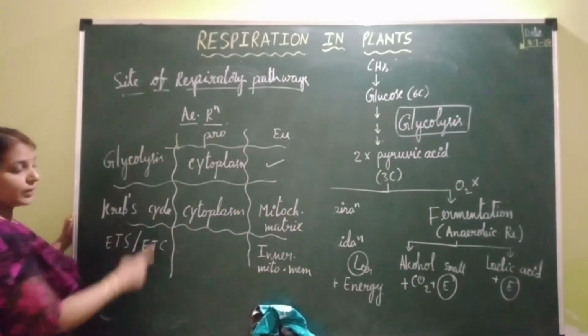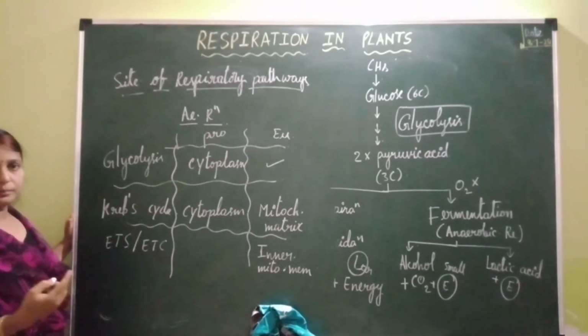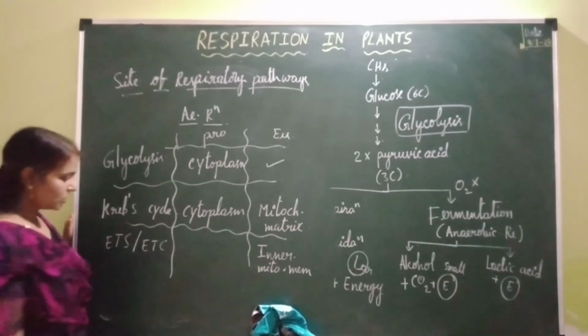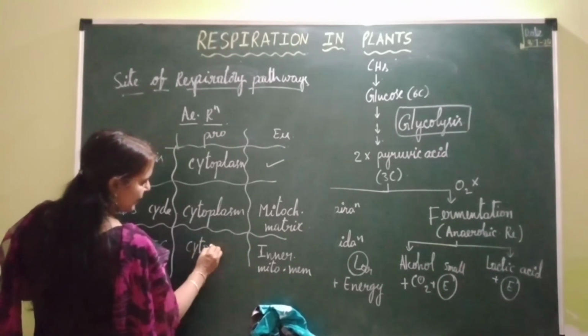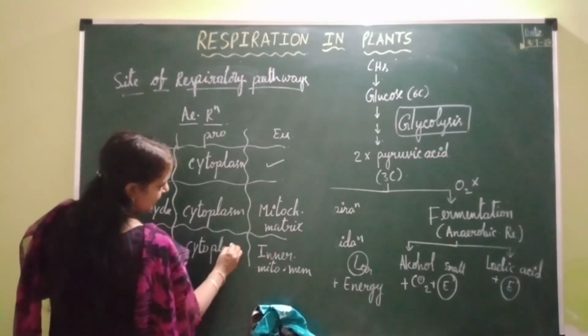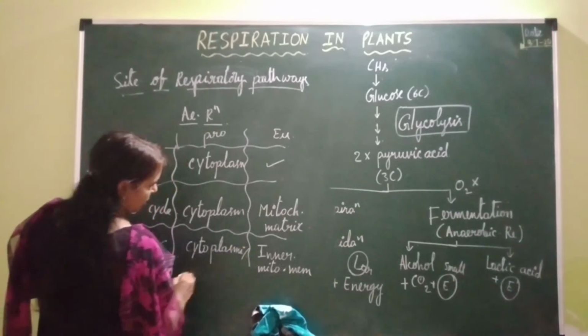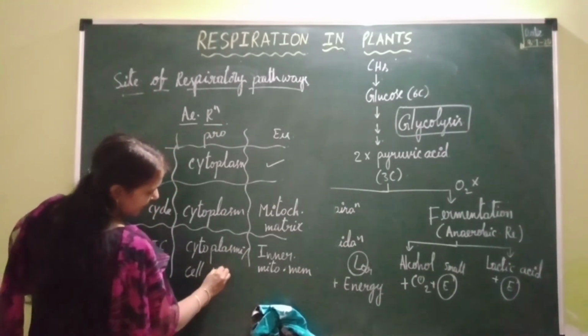Whereas in prokaryotes, the mitochondrion is absent, so it occurs on the surface of the cytoplasmic membrane, that is the cell membrane or plasma membrane.